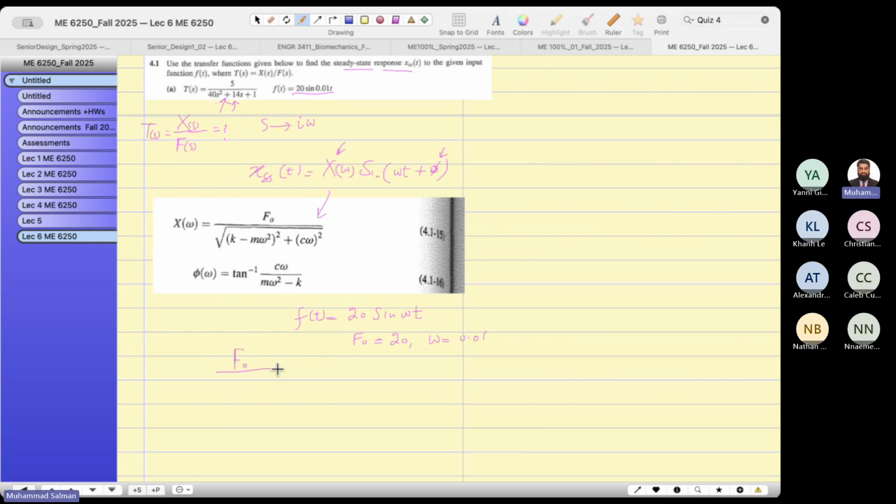F naught over, I'm going to plug in everything here. My main objective is first of all to find the magnitude of the output response, the steady state response, and then plug it in. So in place of F naught, can I write down 20? Because this 20 is given in our question. So I can write down 20 here.